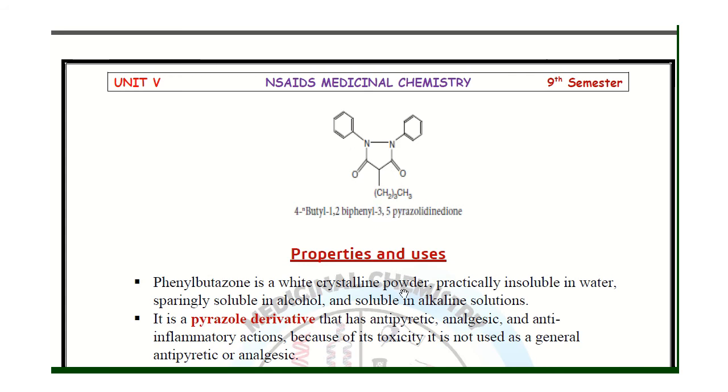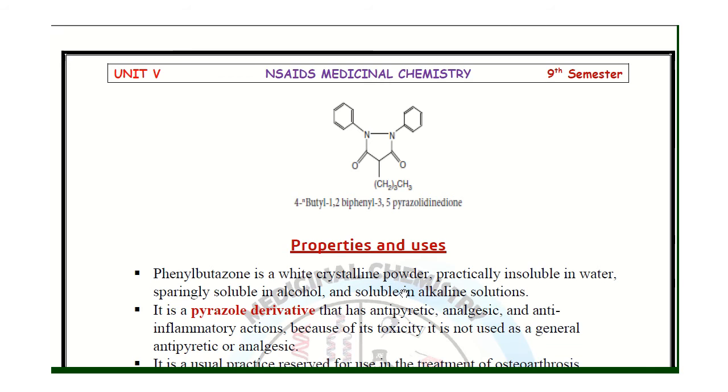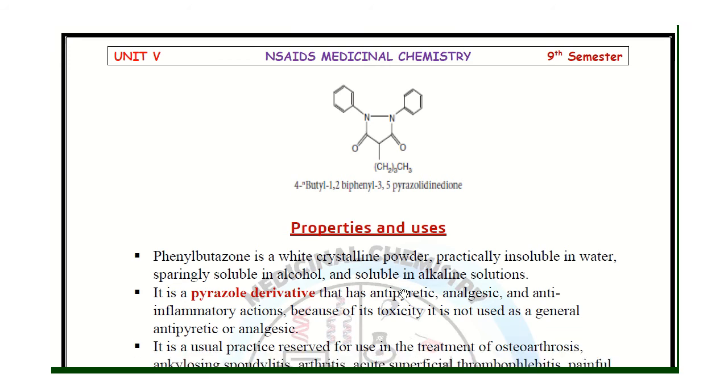Its physical properties: it is a white crystalline powder, practically insoluble in water but sparingly soluble in alcohol and soluble in alkaline solution. It is a pyrazolidine derivative, and its therapeutic properties are antipyretic, analgesic and anti-inflammatory action. But it is not frequently used because of its toxicity.